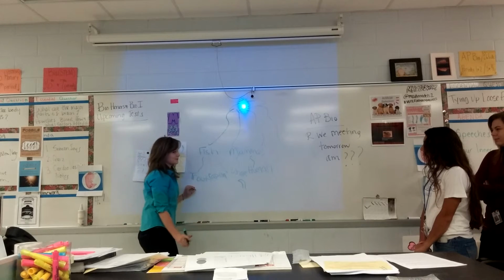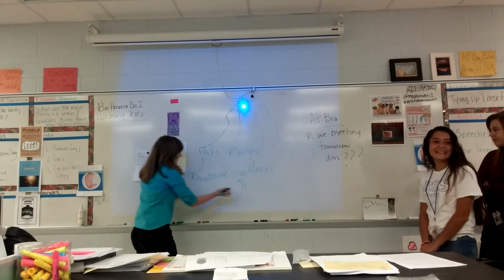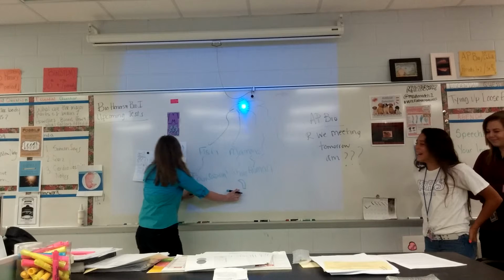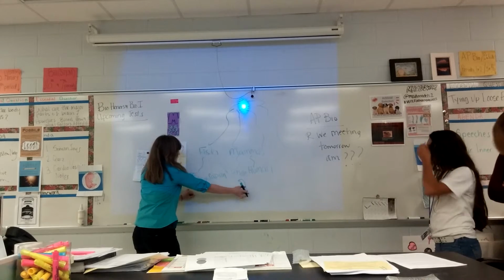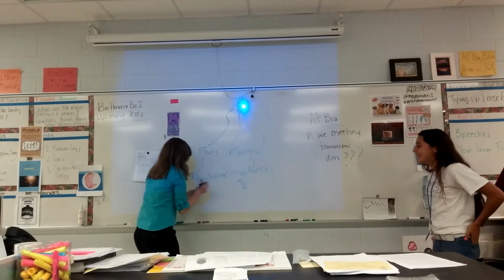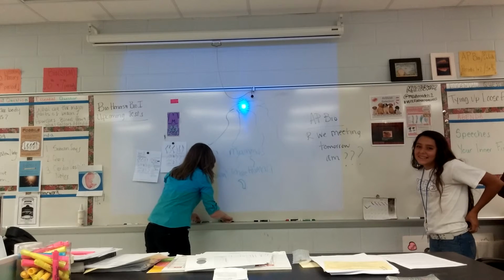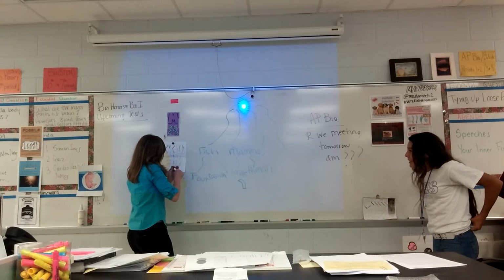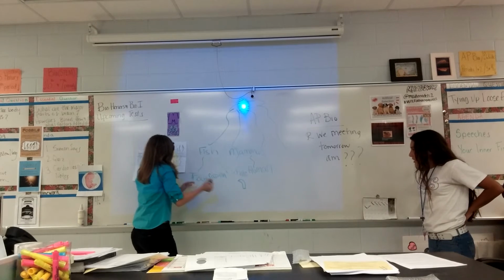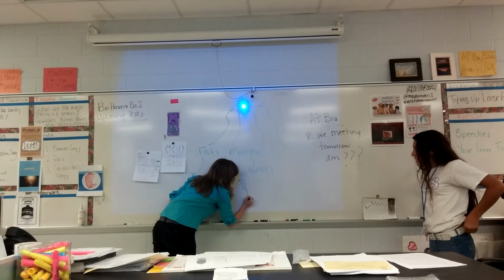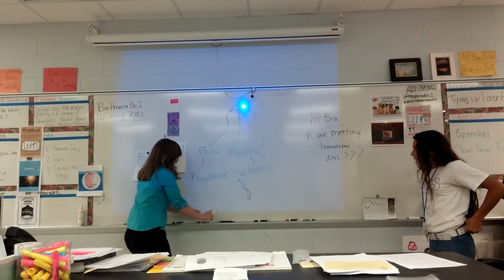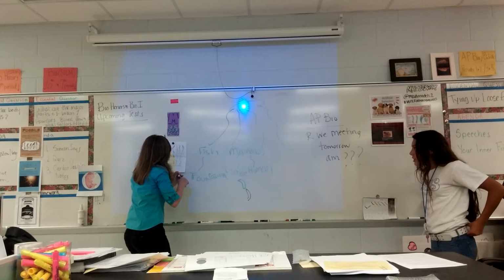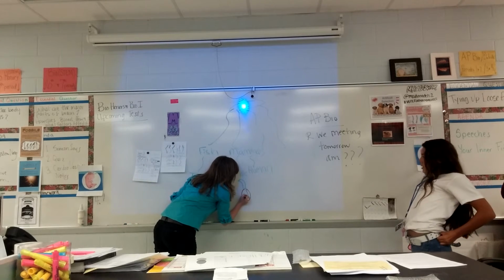Okay, now I'm not an artist, but this whale has, I think this is the humerus, and then from there you have, okay, an ulna right here, and then from the ulna you also have a radius, okay.